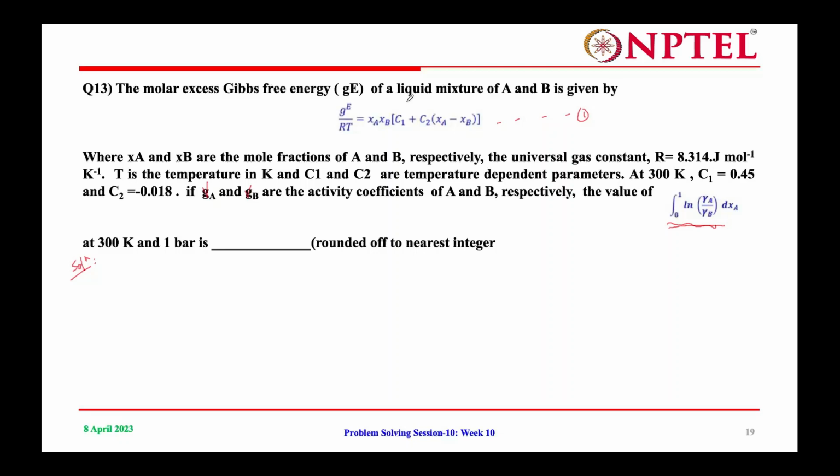Mole fraction is not given, so G^E by RT, put the values in this equation and replace x_B by 1 minus x_A in this also. This gives 0.468 minus 0.0366.